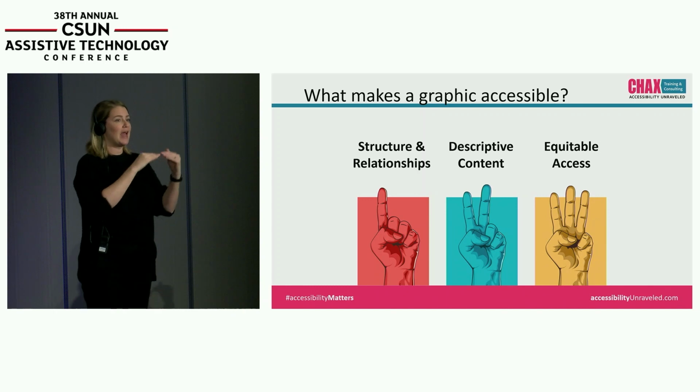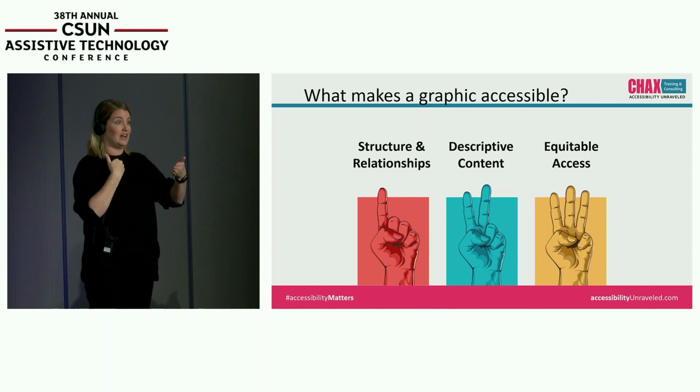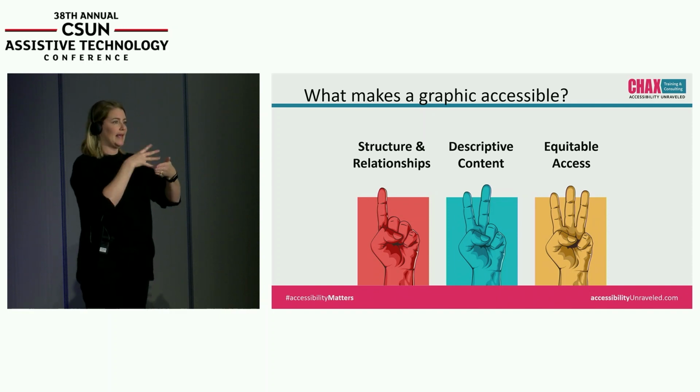Equitable access. If I give you a table instead of a bar chart, but my bar chart had 50 bars in it, and you give me a table that has 50 columns and 50 rows, how many data points is that? A lot.